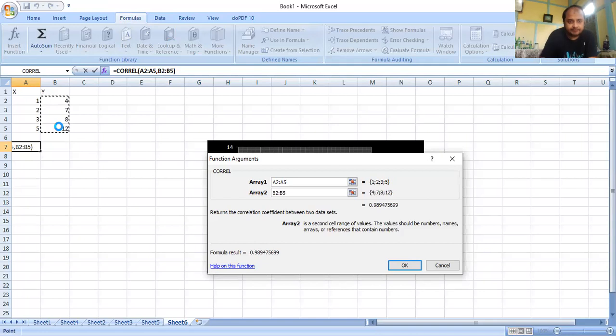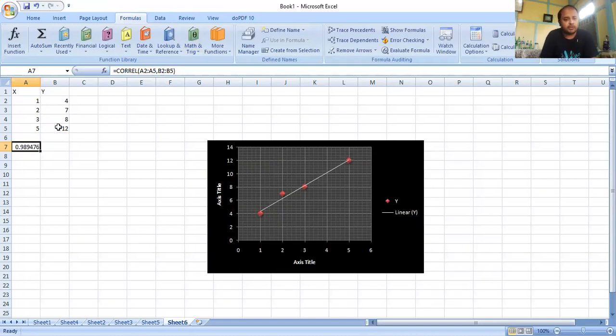As you can see, the correlation has come out to be 0.989476. As I told you, the correlation between them is pretty high, which can be easily guessed by looking at the form of the points and their mutual movement in the plot.